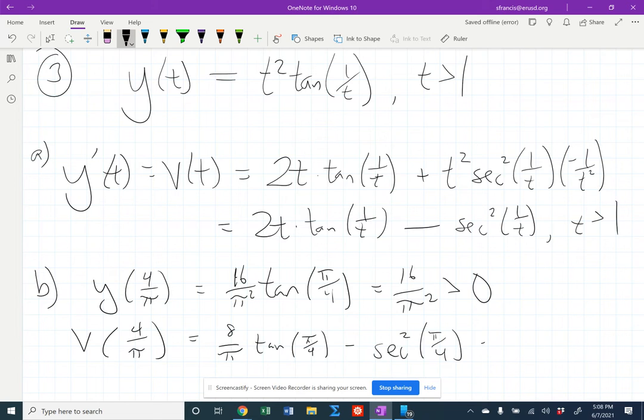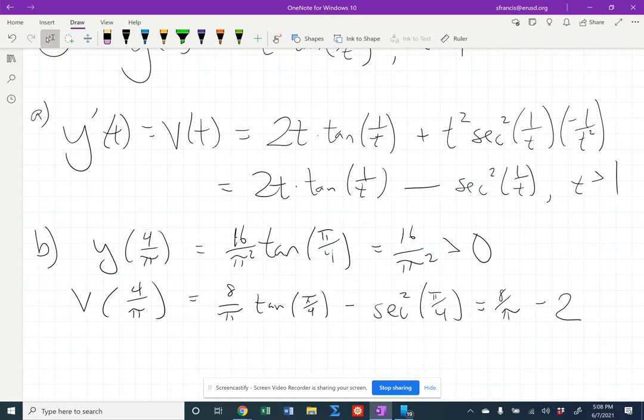Again, tangent of pi over 4 is 1, so we still got 8 over pi. Secant of pi over 4 is root 2. So this is minus 2 here, because we're squaring that result. Remember, cosine of pi over 4 is 1 over root 2, so secant is the reciprocal, root 2, and root 2 squared gives you 2.